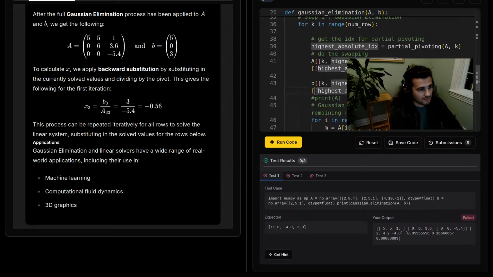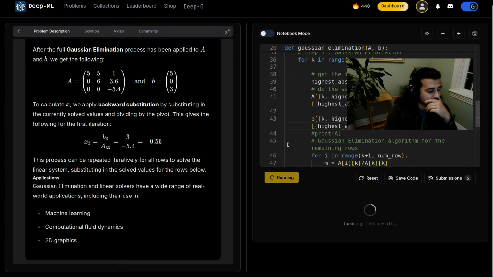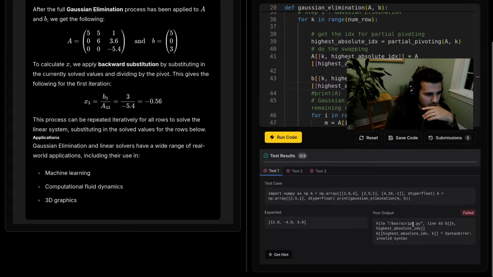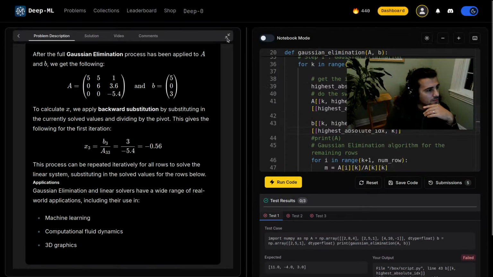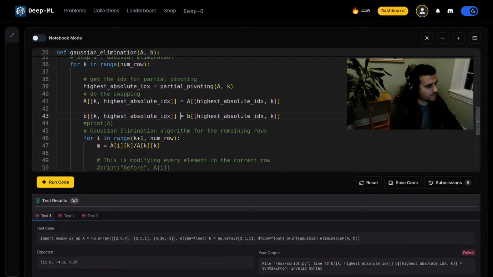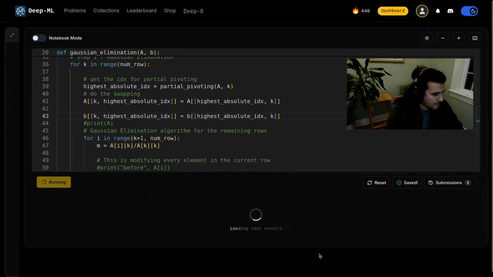There we go. You have to swap both. That should fix some of the problem, I think. Wait, no. Invalid syntax. Okay, what's up? What did I do wrong here? Oh, I didn't put an equal. Okay.